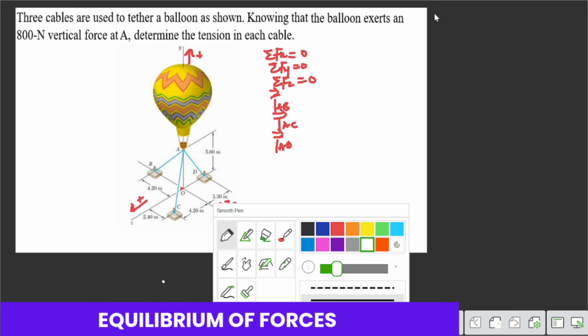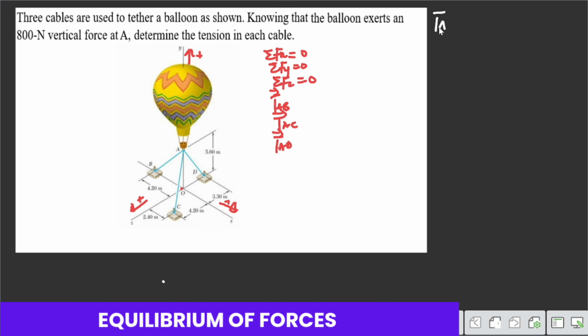So first of all, we know that TEB is equal to, you remember very well, the tension multiplied by the lambda. If we are multiplying this by the lambda, that means we don't know the tension in EB. So you can have EB with X component, Y component, and Z component.